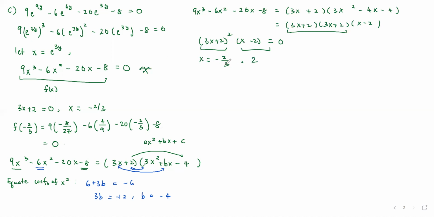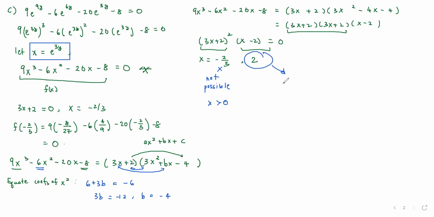Now, x equals negative 2 over 3. We let x be e^(3y). e^(3y) is always positive, so this is not possible. x cannot be negative, as x must be greater than 0 since it is e^(3y). But this is fine.